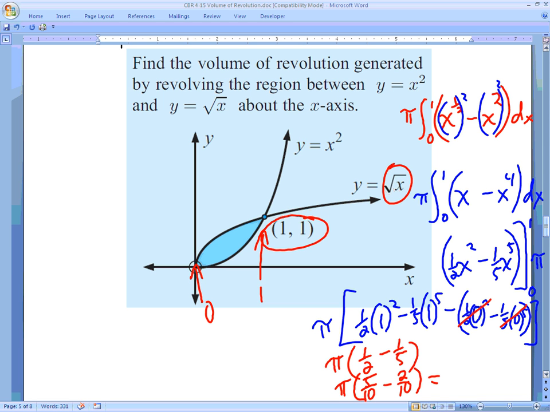And that ends up being 3/10 pi, or 3 pi over 10. That's units cubed, and that would be my volume.